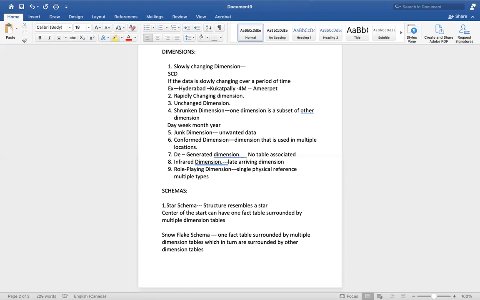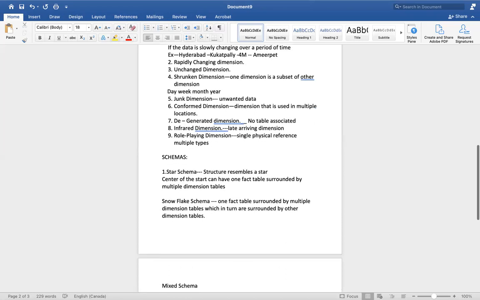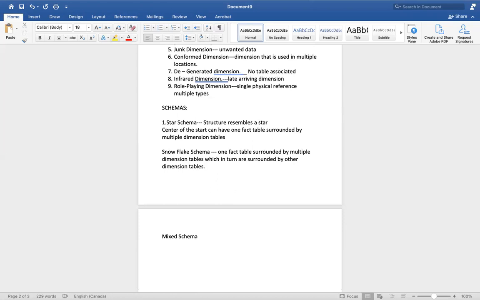We don't use these things practically inside Tableau, these are just definitions. In SQL we will create schemas. Here no need, but you just need to identify which type of schema it is if tables are given in this pattern. That's it. Coming to mixed schema, it's a combination of star and snowflake schema.